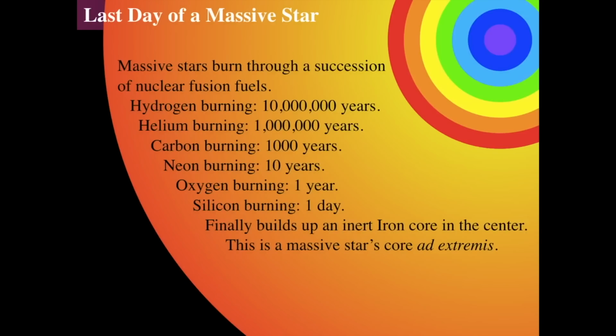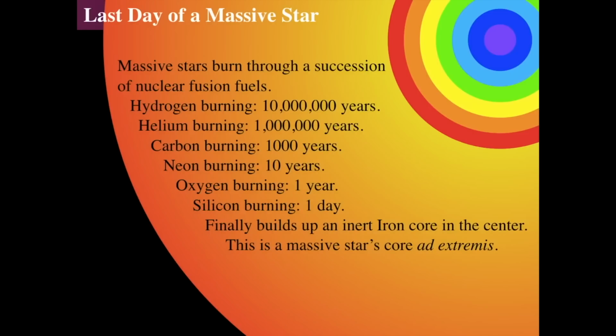Burning here means fusing hydrogen into helium, or some element into another element, to liberate energy. Very massive stars, at least 10 times the mass of the sun, burn hydrogen into helium for only about 10 million years, a very short time compared to the sun's 10 billion year lifespan, which is about 1,000 times longer.